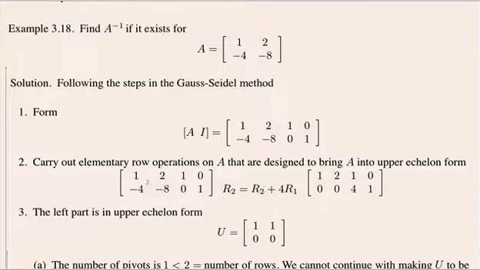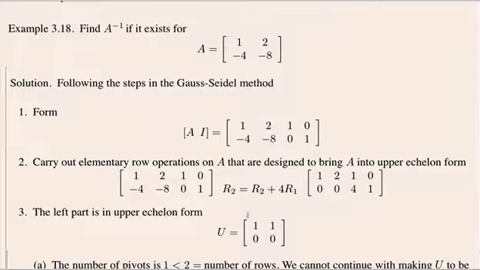So if you add to row 2, 4 times row 1, then what we get here is 0. Then 4 times 2 is 8, minus 8, 0. Then 4 times 1 plus 0 is 4. And then 1 plus 0 times 4 is 1.